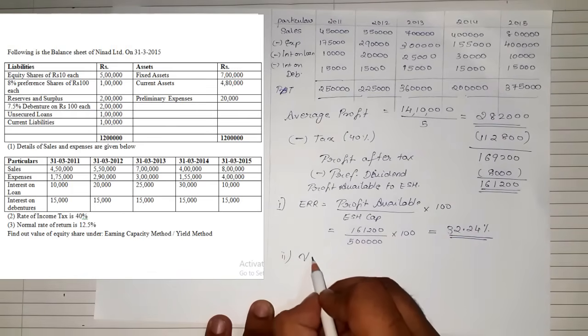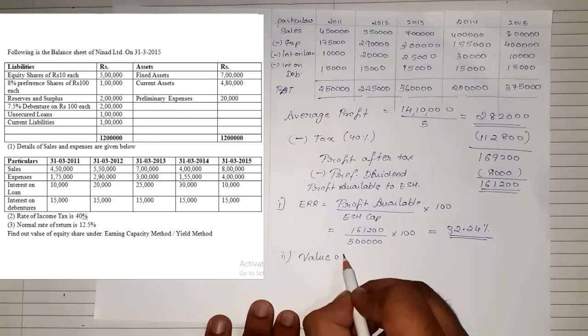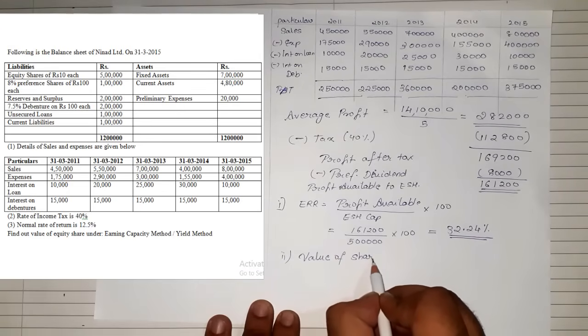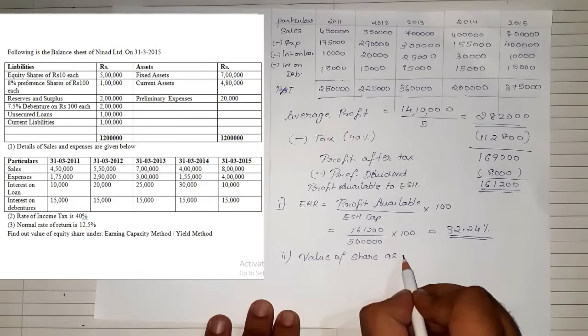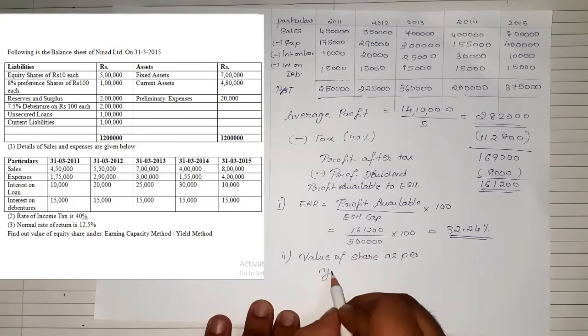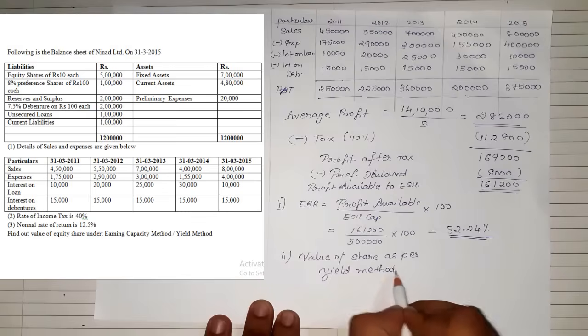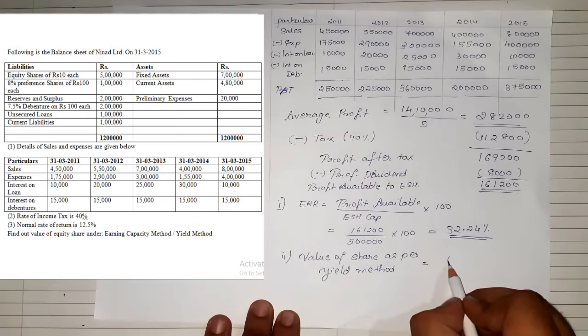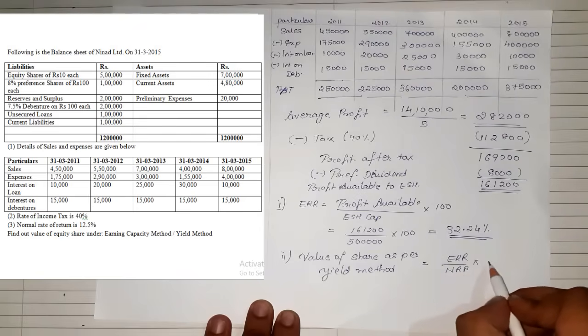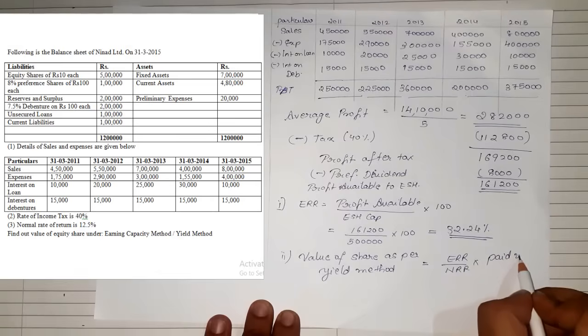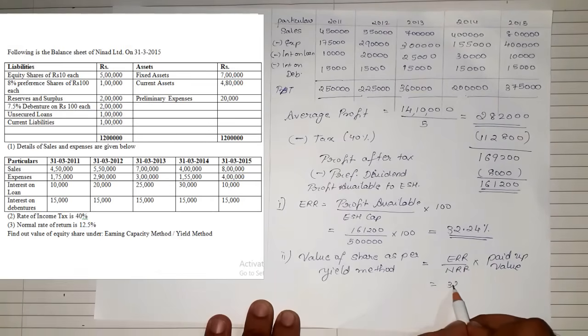Lastly, value of share as per yield method equals ERR upon NRR into paid up value. ERR is 32.24.